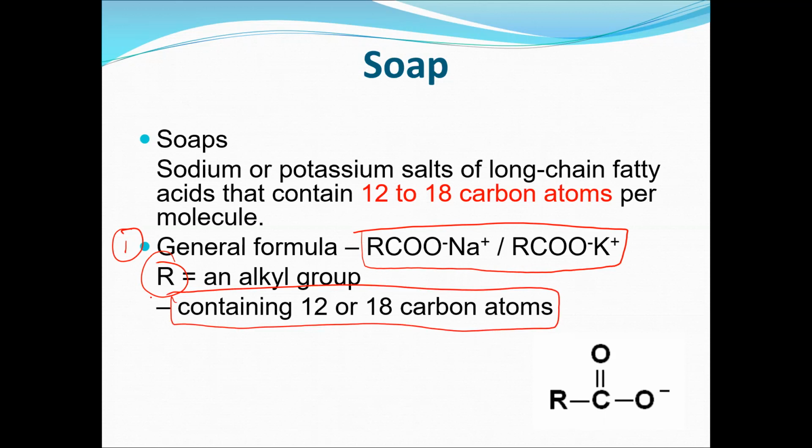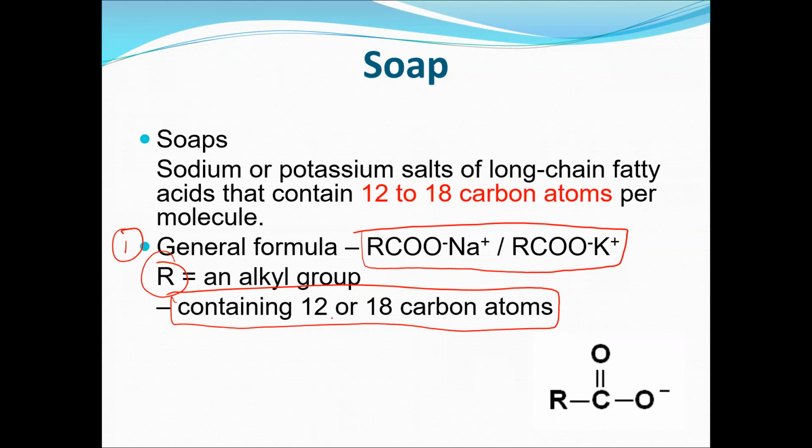So I want all of you, if you printed out the paper I gave you, turn to page 74. Can you see I've got CH3 in bracket CH2 bracket 14 COOH.